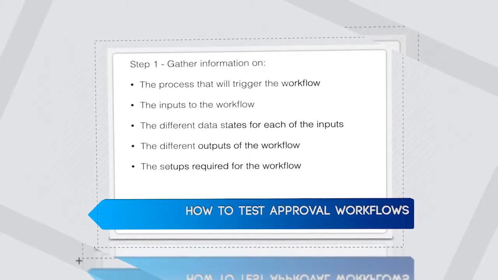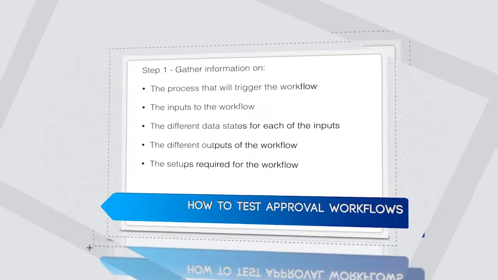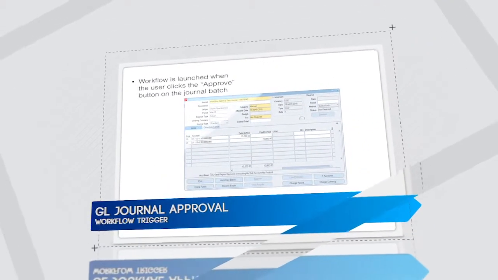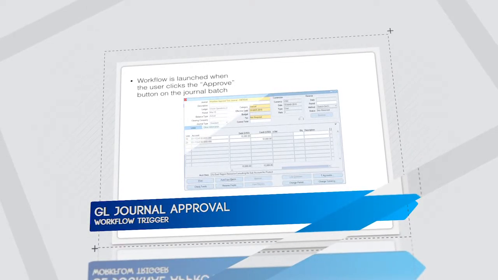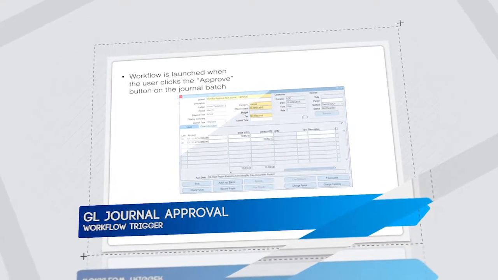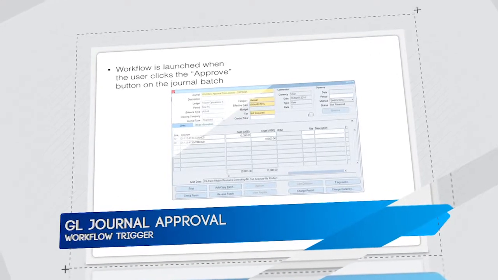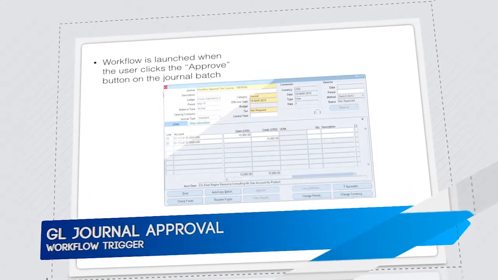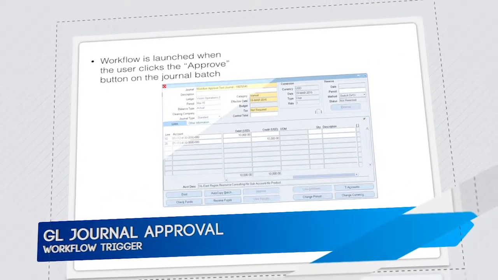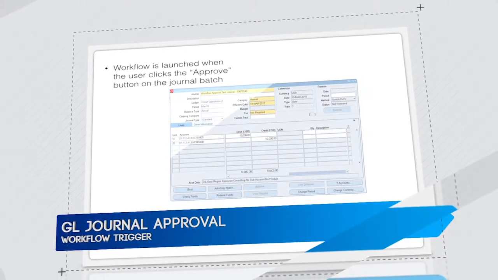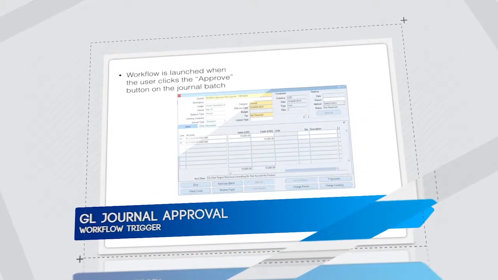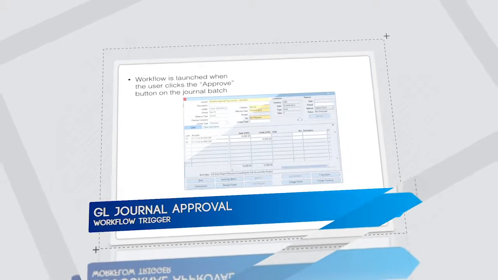So in our first example of the GL approval workflow, it's triggered when you click on the Approve button for the journal batch. That will kick off the workflow, and it will use some information from the journal entry and some setups to go through and figure out who needs to approve it and then send that notification.